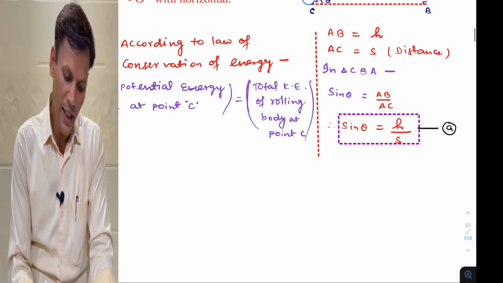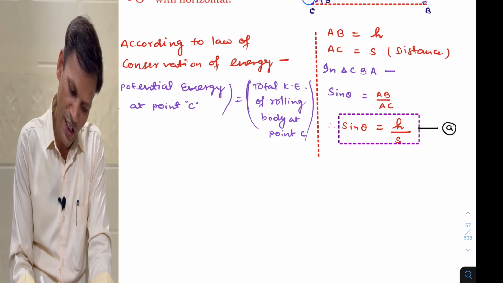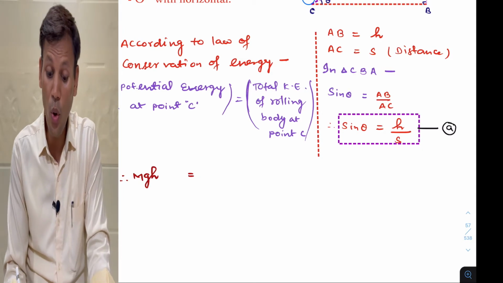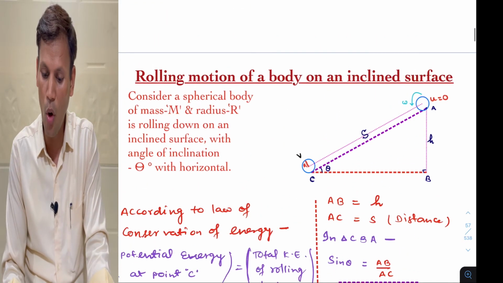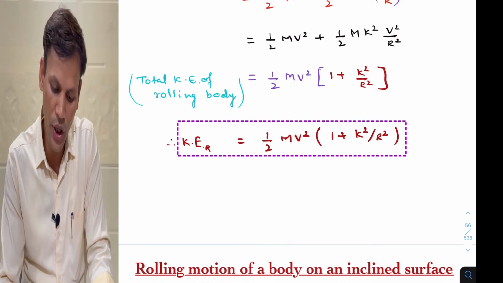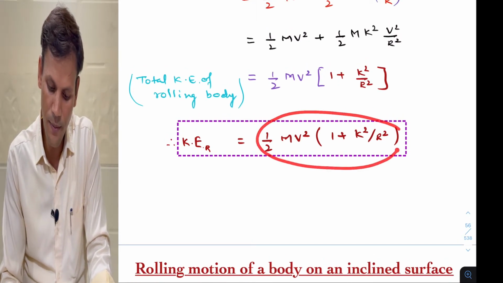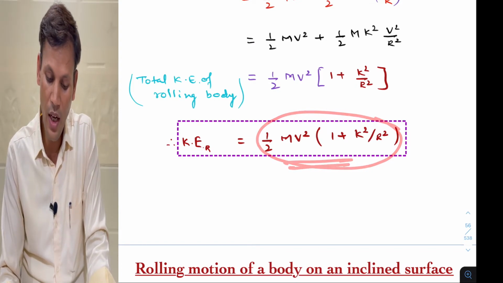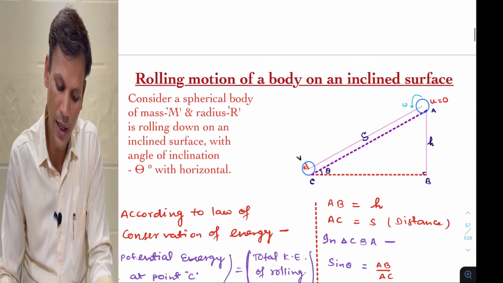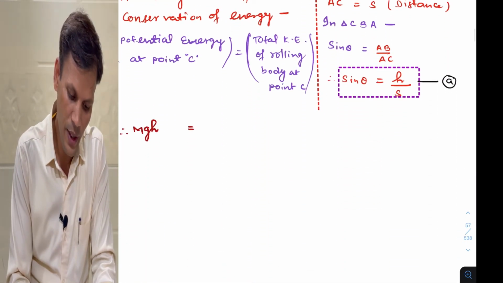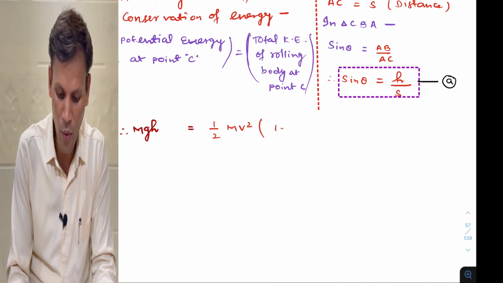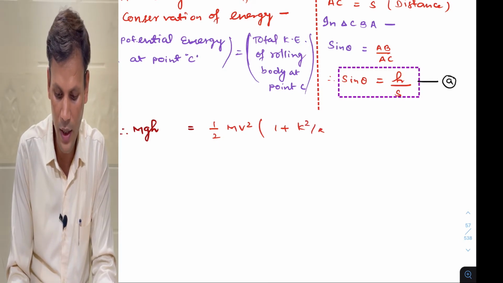So further, potential energy is nothing but mgh, which is equal to the total kinetic energy of a rolling body. So what is the total kinetic energy of a rolling body? That is this term: half mv square, in bracket 1 plus k square by r square.